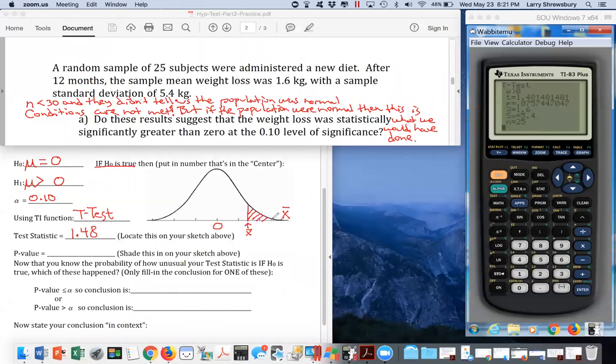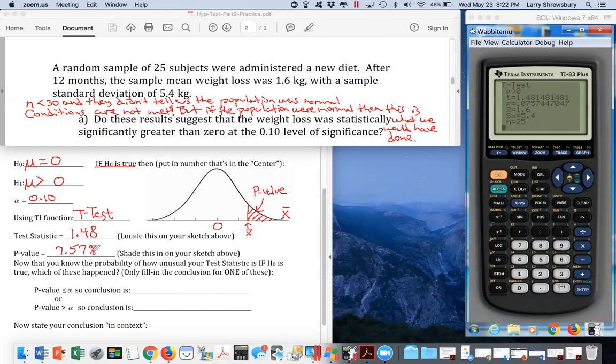That's the probability of getting a sample mean this extreme or more extreme if the null hypothesis is true. So that area is your p-value. It tells you how unusual your test statistic is. And so that p-value is, I'll write as percentage, 7.57%.